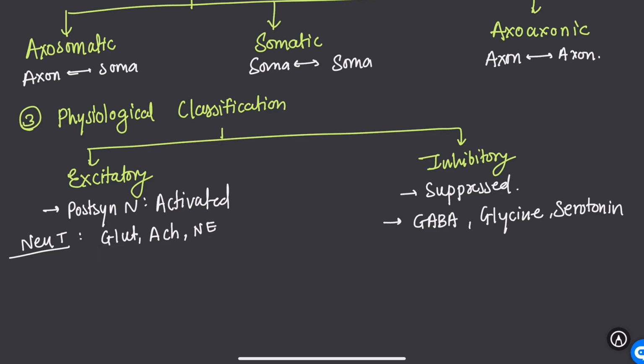Similarly, in an inhibitory synapse, if the postsynaptic neuron is suppressed after synaptic transmission, then it is an inhibitory synapse. Some examples of inhibitory neurotransmitters are GABA, that is gamma-aminobutyric acid, glycine, and serotonin.